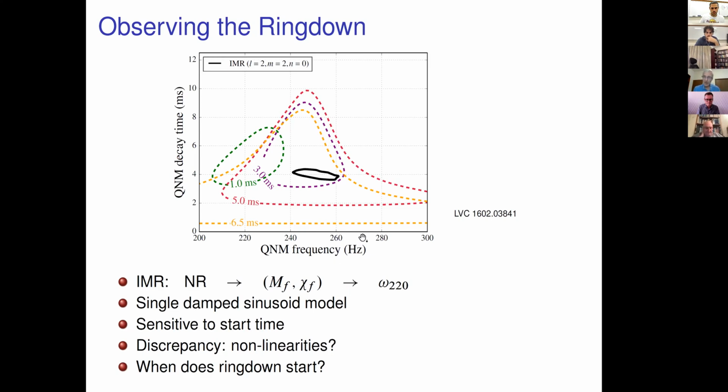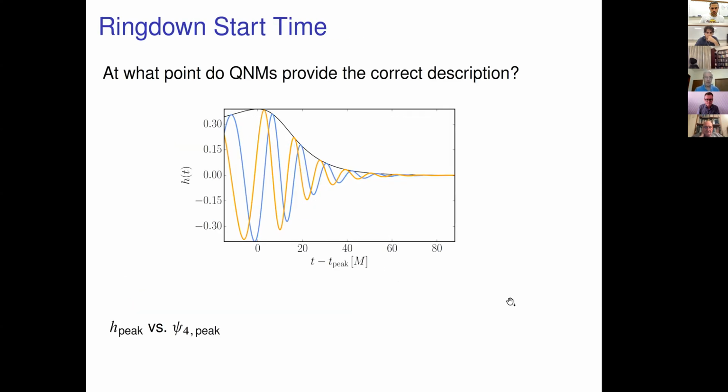So there's lots of literature on the question: what's the optimum time to wait to do this test? At what point after the peak of the waveform do quasi-normal modes provide the correct description of this ringdown signal?